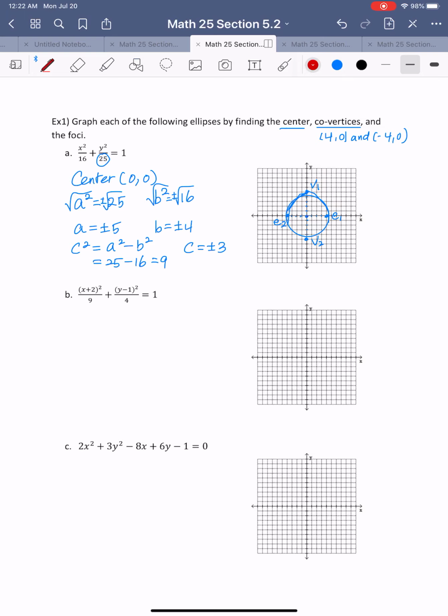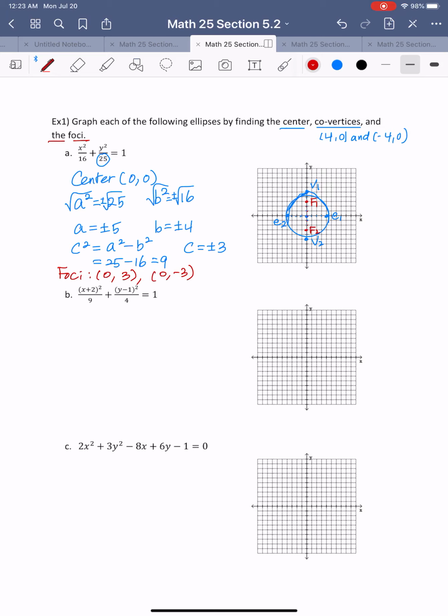From the center, you go 1, 2, 3 up to get focus 1, and then 1, 2, 3 units down to get focus 2. So the foci are going to be (0, 3) and (0, negative 3). Okay, so we found everything they need, okay?